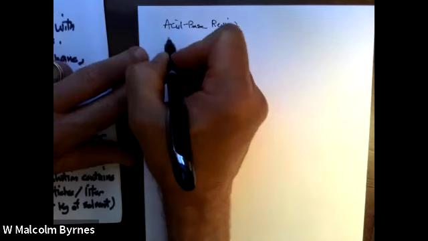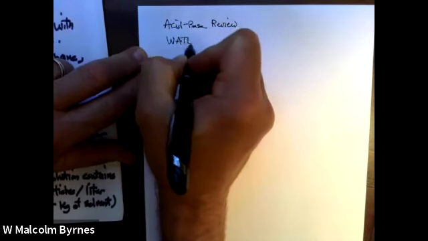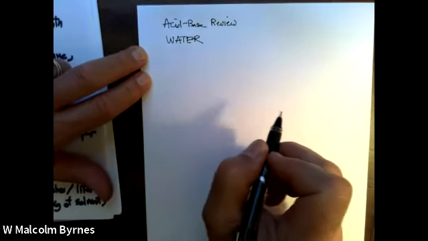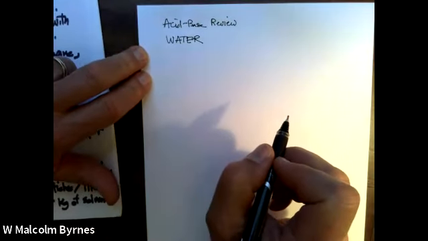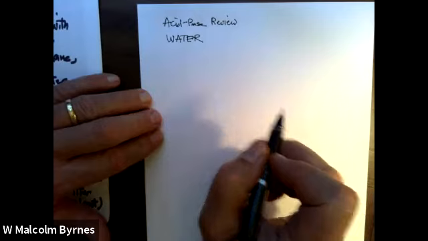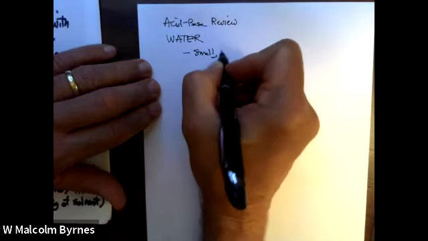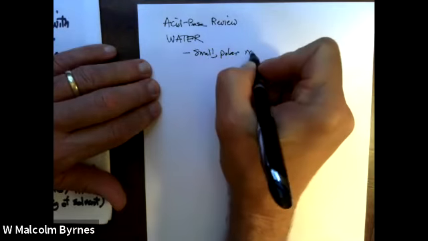But let's start by talking about water, because all of the properties of acids and bases ultimately depend on the properties of water. So what is water? It's a small polar molecule.